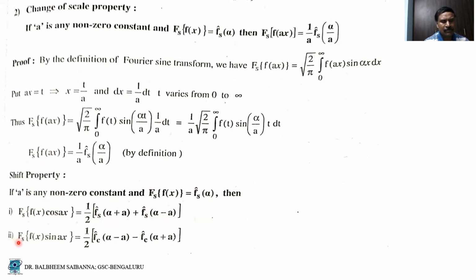Second, we have to prove that Fs of f of x sin ax is equal to 1 by 2 times Fc cap alpha minus a minus Fc cap alpha plus a. Here S indicates the Fourier sine transformation, but C is the Fourier cosine transformation. Cos in terms of sine, sine in terms of cos. Let us prove one by one.